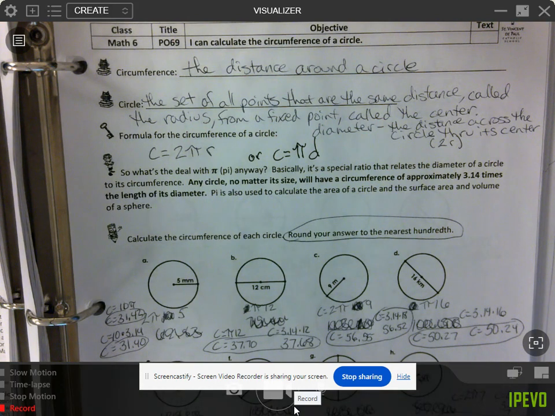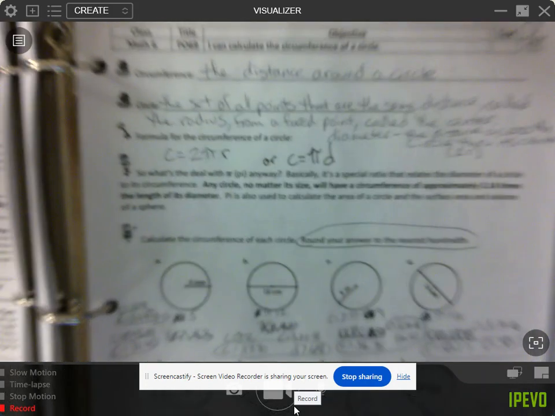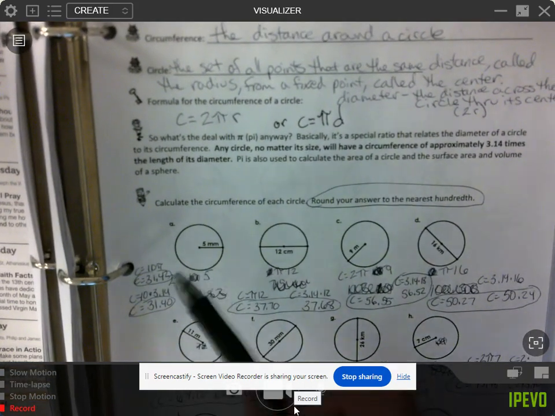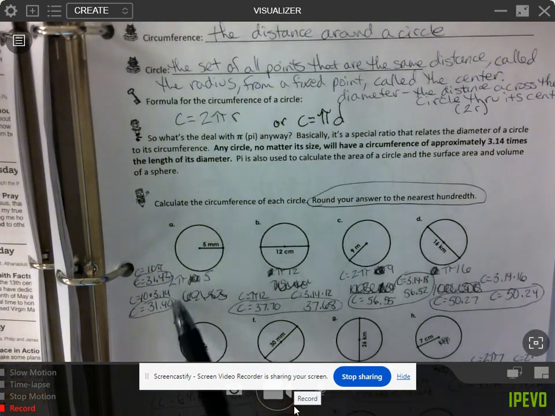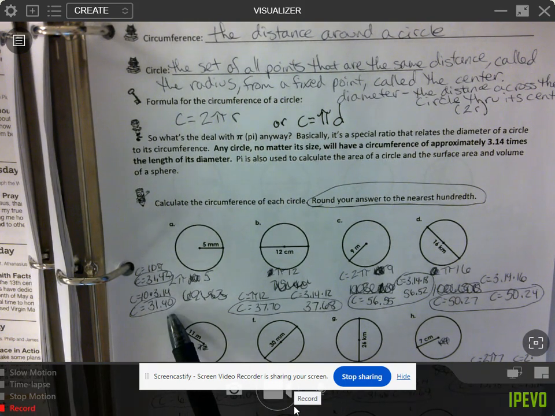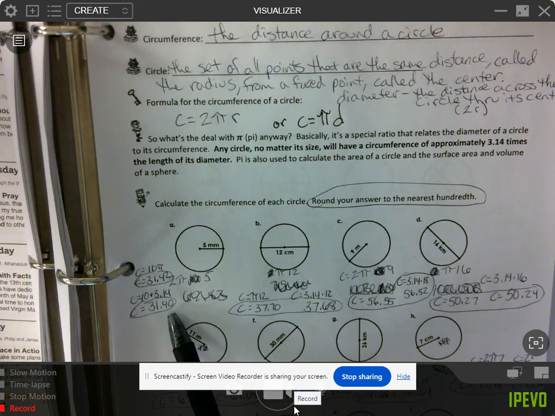They're going to be very close numbers, but the decimals will be a little different if you use 3.14 versus the pi button, because the pi button goes farther into your decimals. So for A, it could be 31.42 or 31.40, depending on which method you use. We round to the hundredth place.